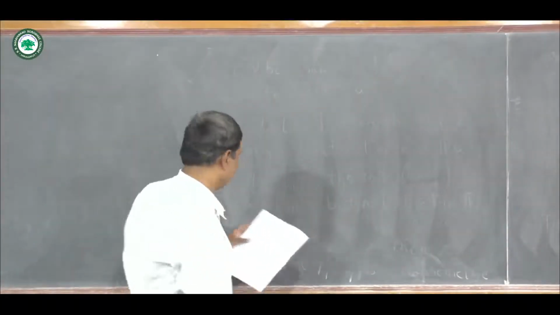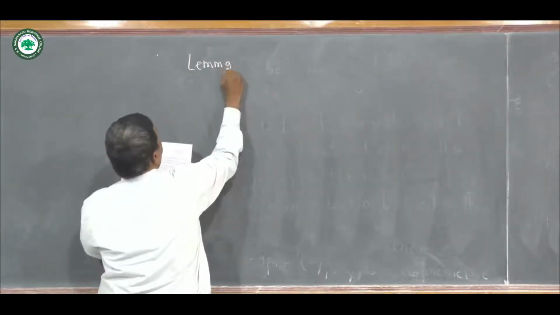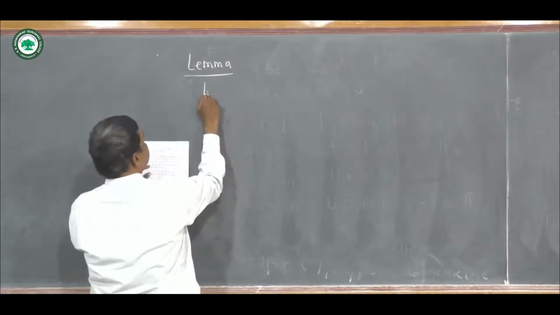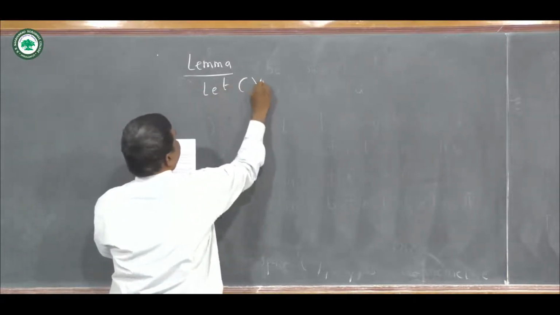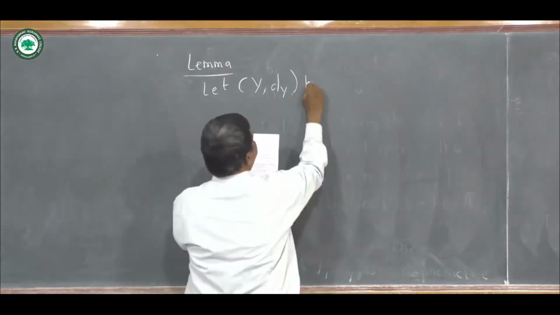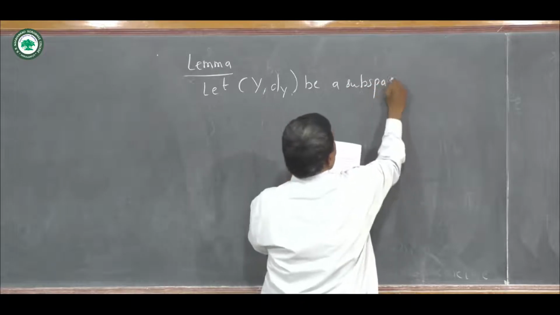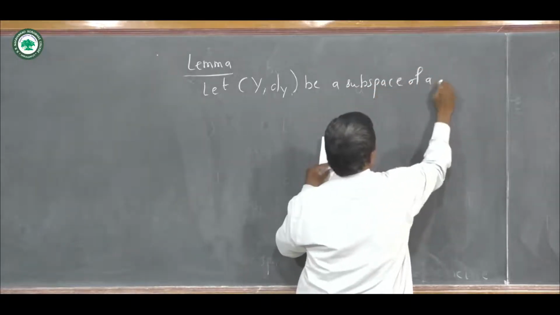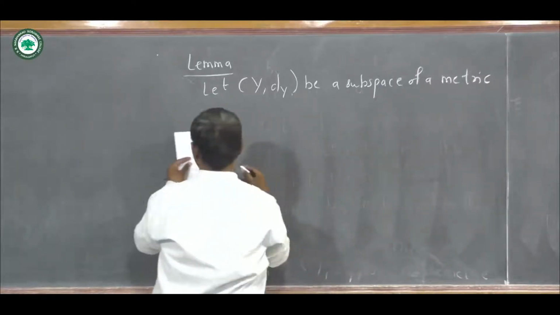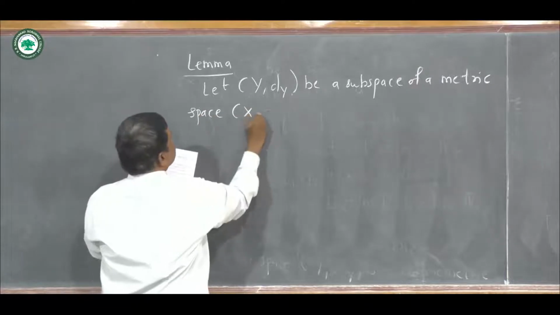Now next is the lemma. The statement is: let (Y, d_Y) be a subspace of a metric space (X, d).